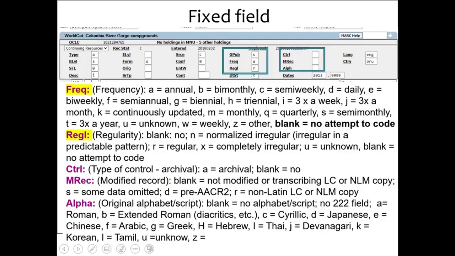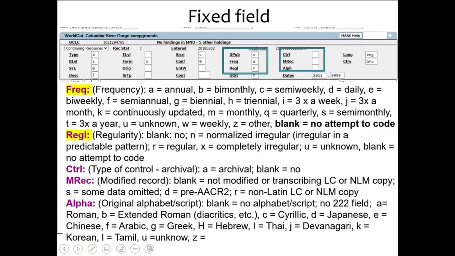Not all ILSs have check-in records, but some do. And if you have a check-in record, you often have to try to predict what the pattern's going to be like. Are you going to get it monthly? Is it coming every year? Is it quarterly? You have to just make this prediction sometimes, and it can be very hard to do if it's slightly irregular or it has some kind of odd prediction pattern.